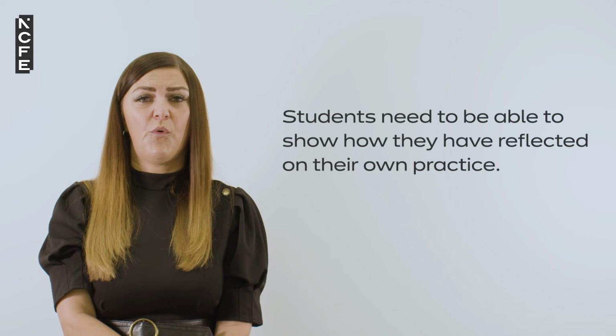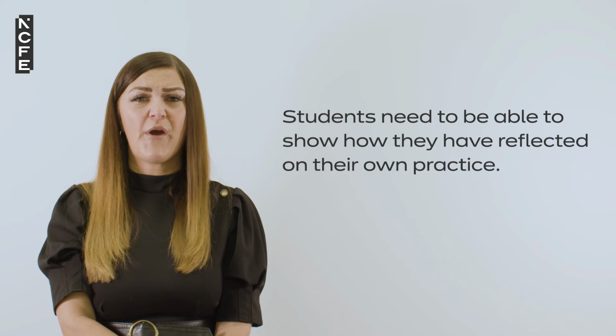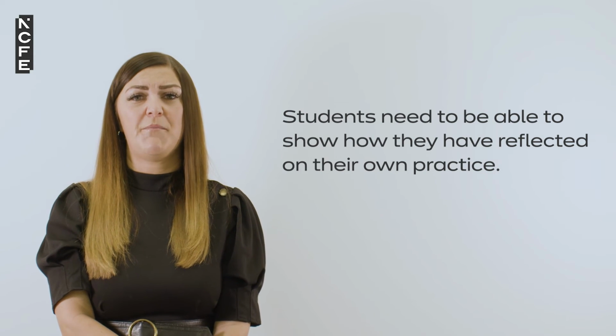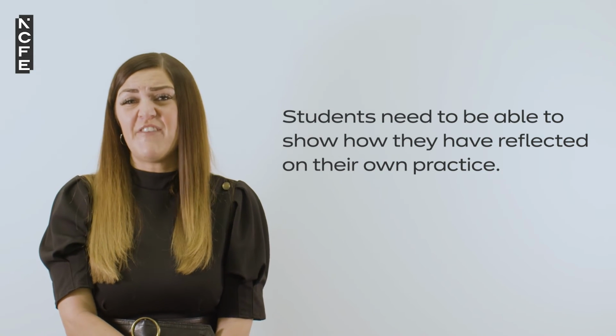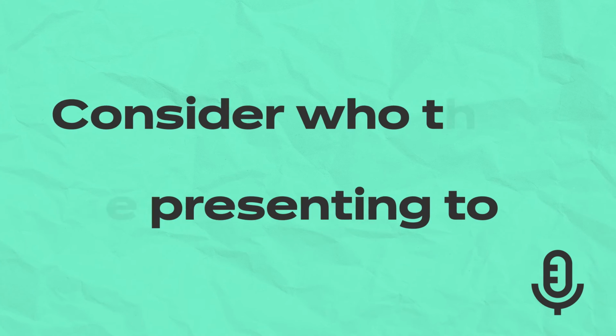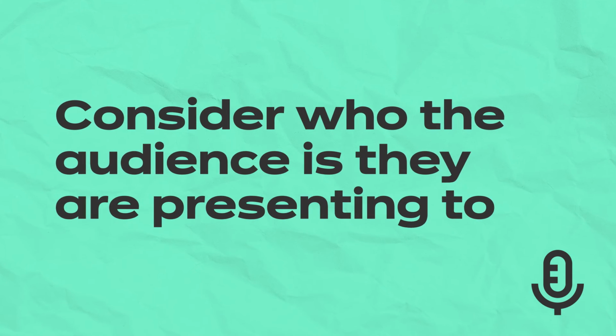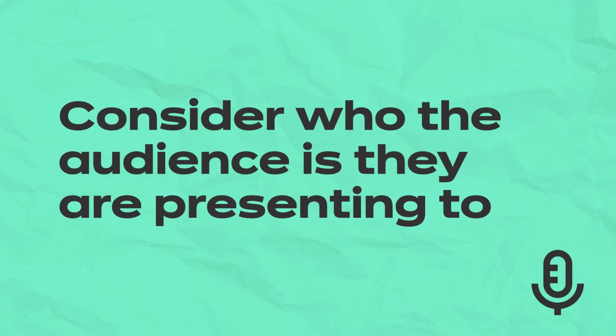Students need to be able to show how they have reflected on their own practice and made improvements from their own experiences and feedback provided. Students need to also consider who the audience is they are presenting to. It is important that students understand who their audience is when presenting, which in this example is a senior colleague.